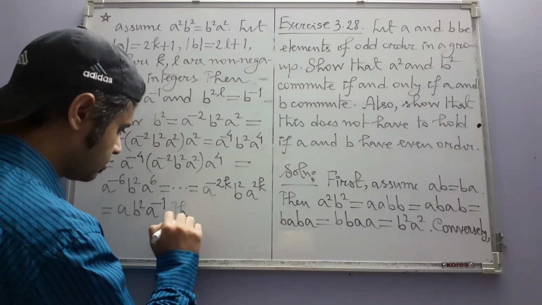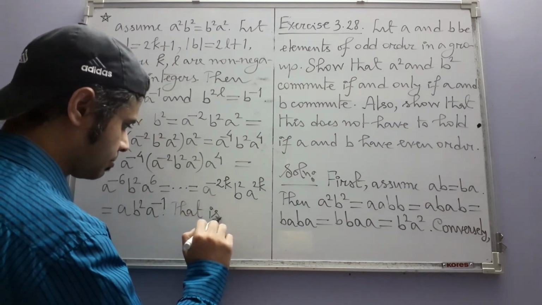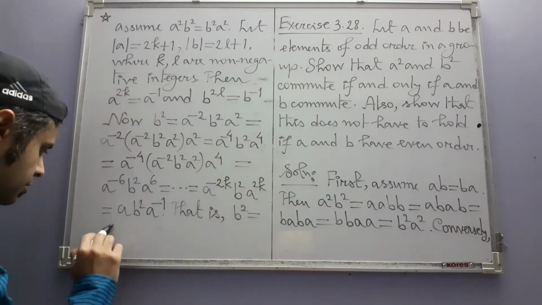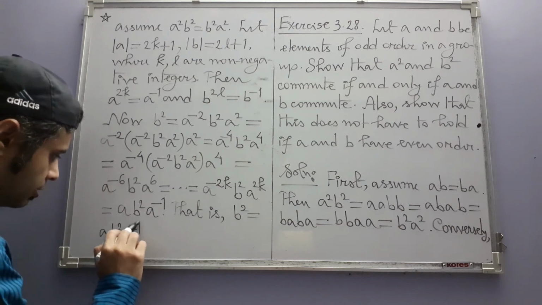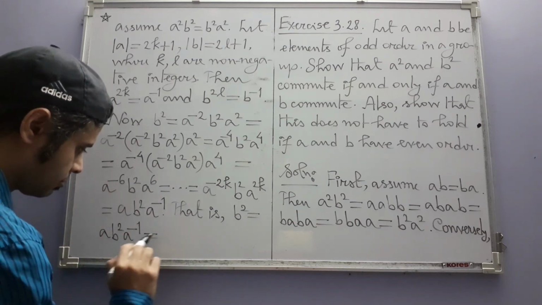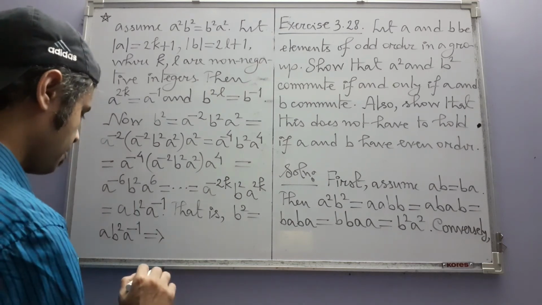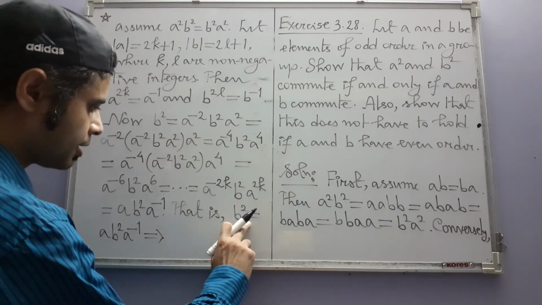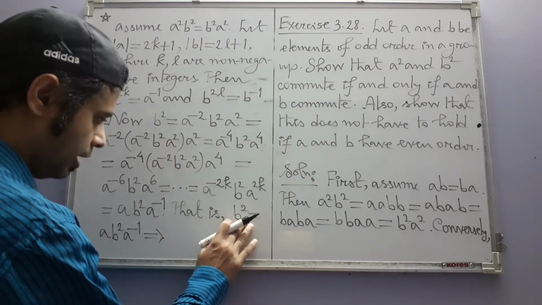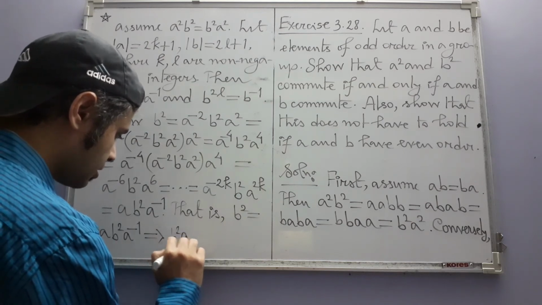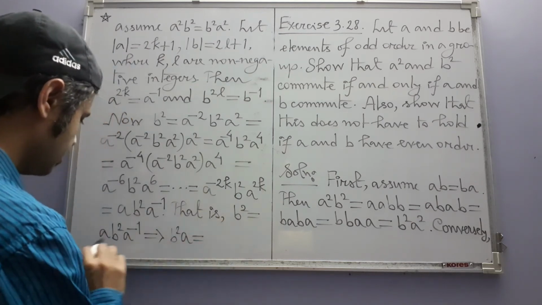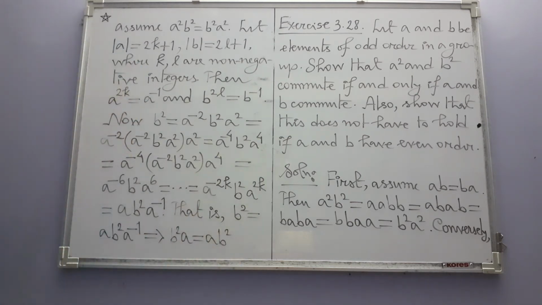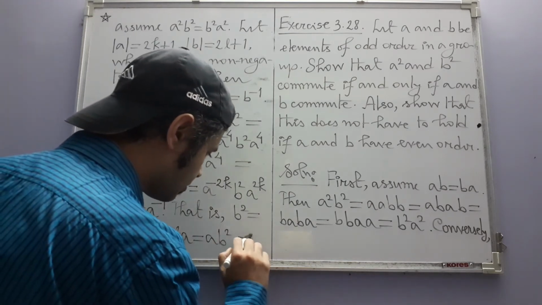That is, we have obtained this: B square is equal to A B square A inverse, which implies, now if you post multiply both sides, post multiply means you multiply both sides from the right hand side by A, you get B square A here, and here A and A inverse cancel out and you have A B square.